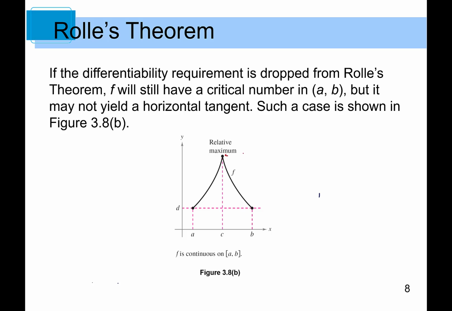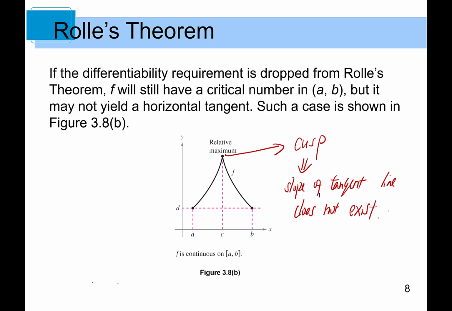This is a typical cusp, and the slope of the tangent line does not exist at that point. Okay, but still we have a relative maximum here. Even though there's no horizontal tangent, we have a relative maximum.